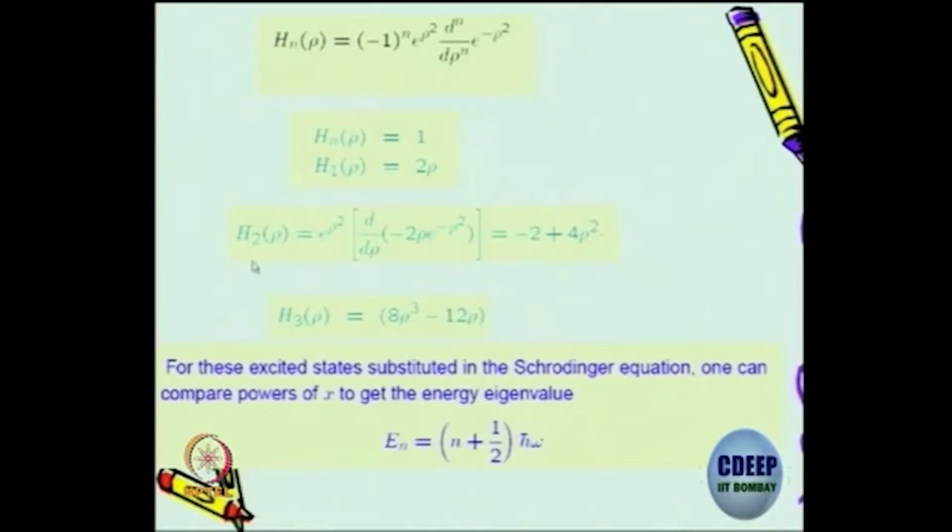If you want to write H4, the highest polynomial power will be rho to the power 4, and there will be only even powers. I hope I have given you a flavor of how to see the solution and how to get a handle on writing these power series using this Rodrigues formula. It is very nice and compact, you should just play around and see how you get all the polynomial powers.